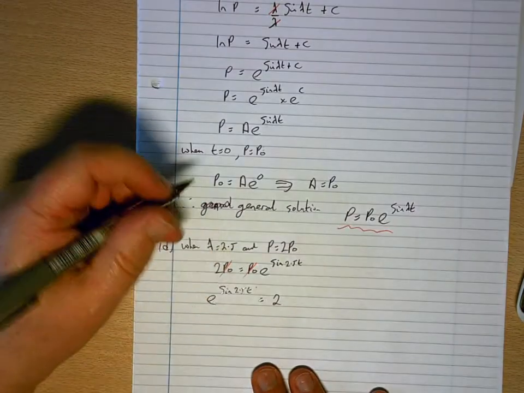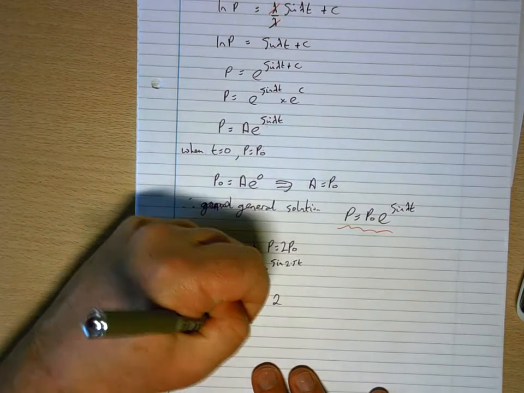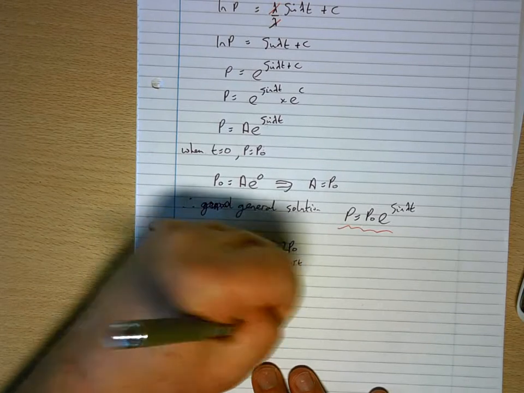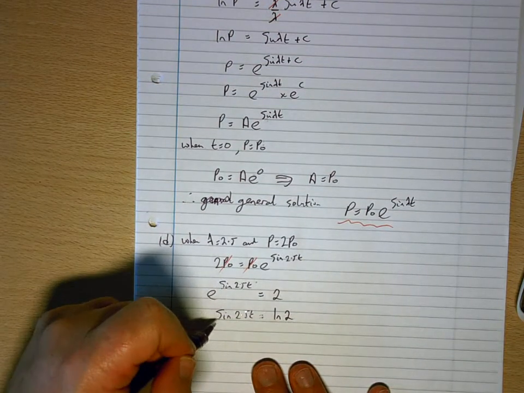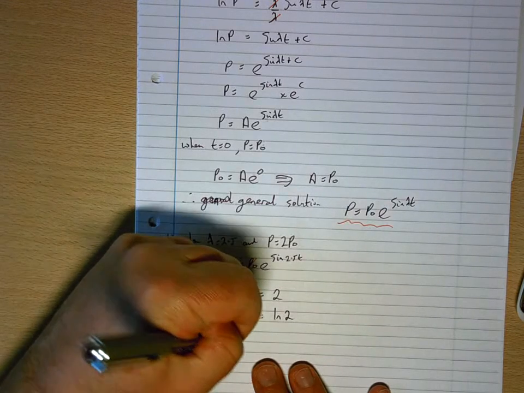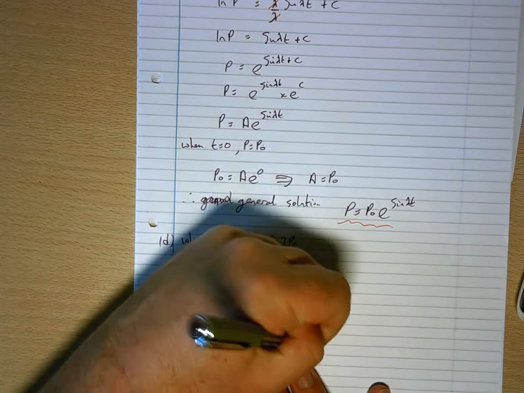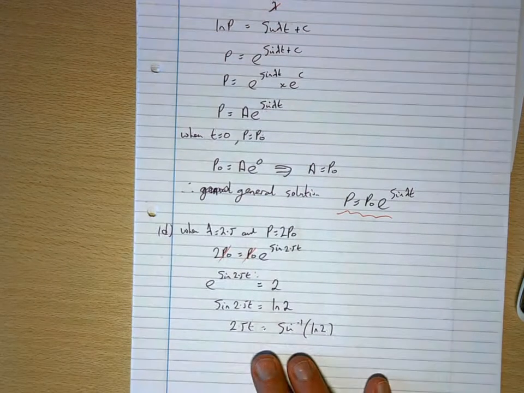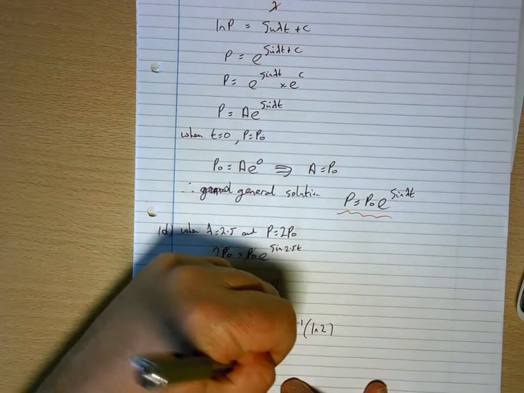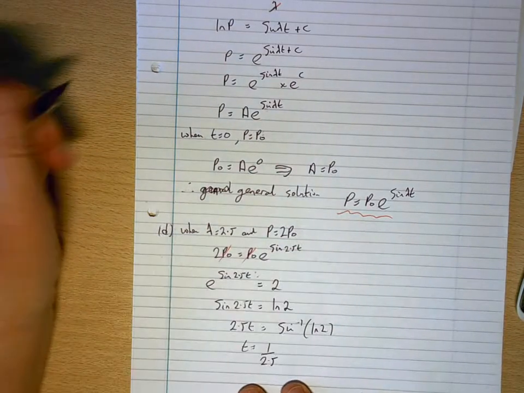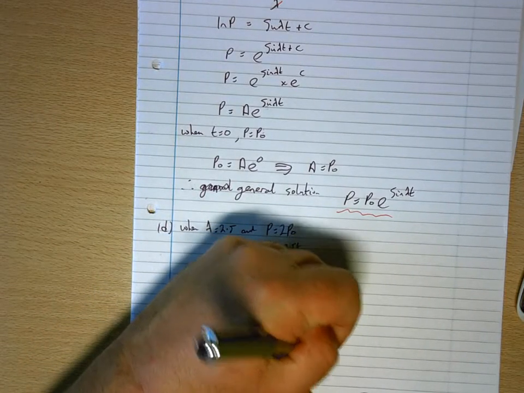Then I'm going to take natural logs, and I have sine 2.5 t equals natural log of 2. To get in there now, I've got to do the opposite of sine, which is sine to the minus 1. So t will be 1 over 2.5 arc sine of ln 2.